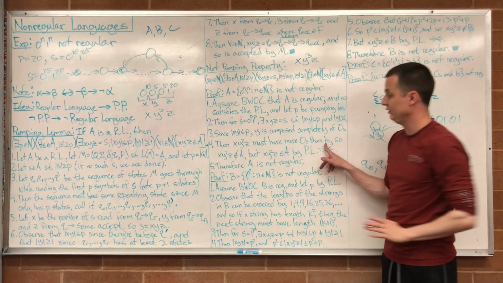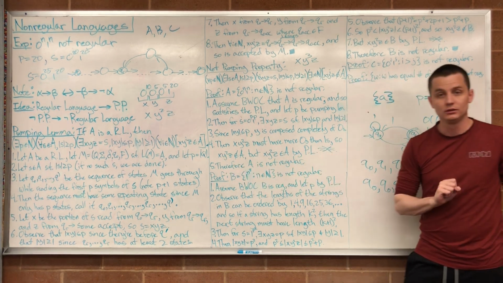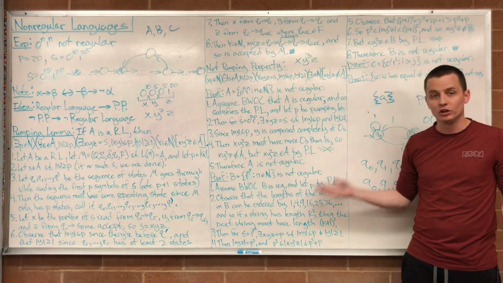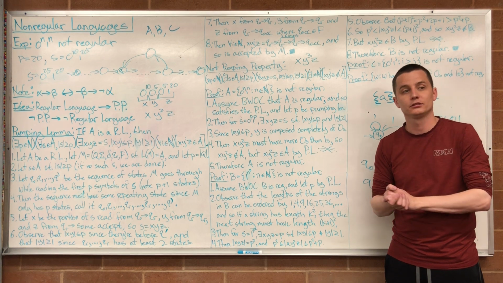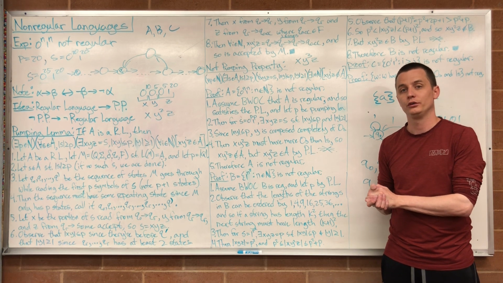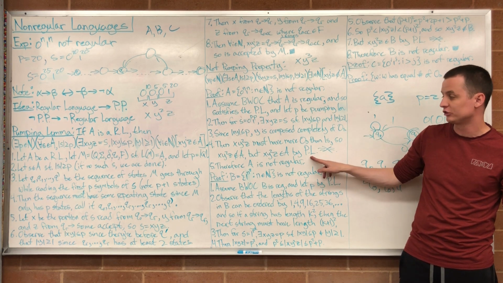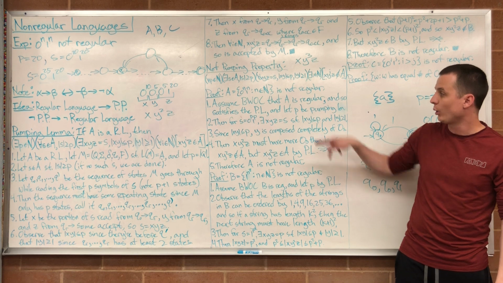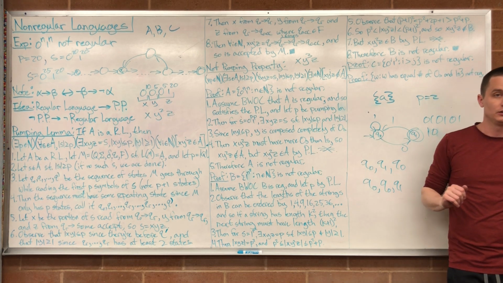So x y squared z is not in A. But x y squared z is in A by the pumping lemma. Contradiction. So our assumption that this language was regular was false. Proof by contradiction: we assumed it was regular, we showed that led to a contradiction, that it both does and doesn't satisfy the pumping lemma. Therefore, our assumption that it's regular is false. Therefore, A is not regular.